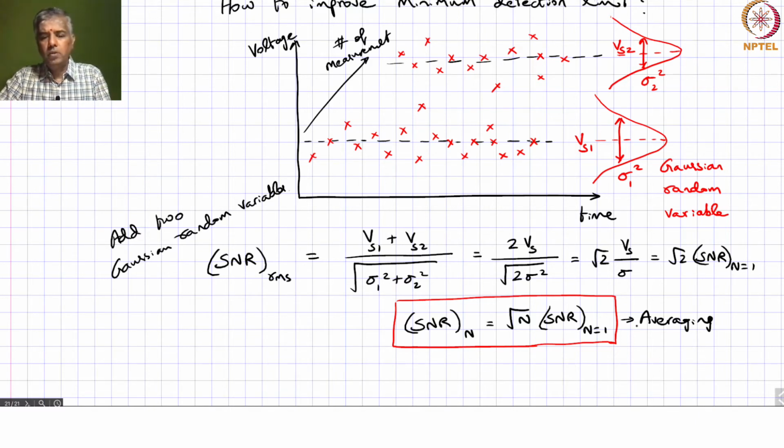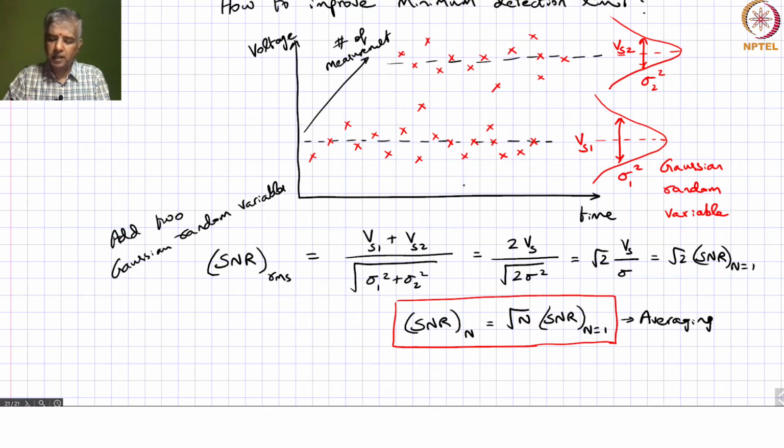So, one thought is, do we have to do multiple sets of measurements? Can we possibly do this averaging across this time scale itself? As long as each of these points are independent from each other, right?